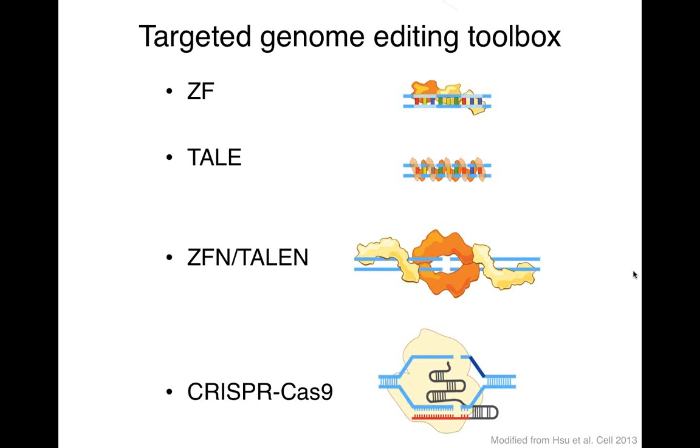These are proteins, which are strung together and can recognize specific DNA sequences. And if these protein domains are fused to an effector complex or FokI nuclease, they can induce double-strand breaks. But more recently, the CRISPR Cas9 system was discovered in nature and developed into a genome editing platform. And that's what I'm going to talk about today.